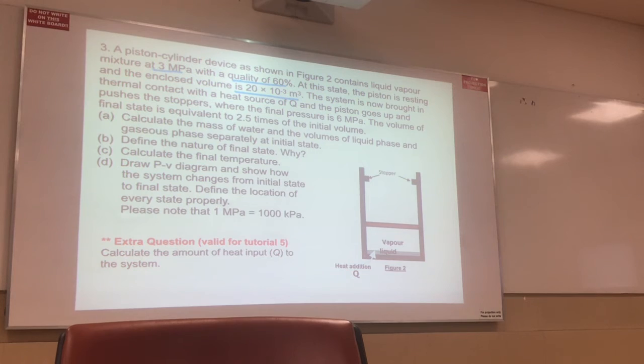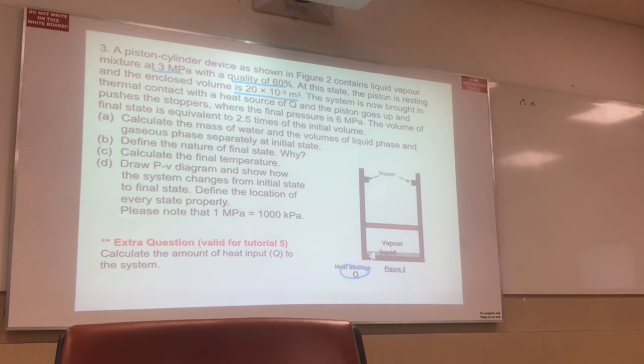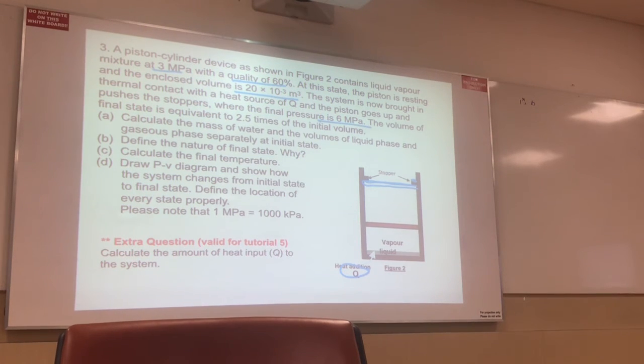The system is now brought into thermal contact with a heat source Q. The piston goes up and pushes the stopper. The final pressure is 6 megapascal. Here is 3 megapascal and here is 6 megapascal.